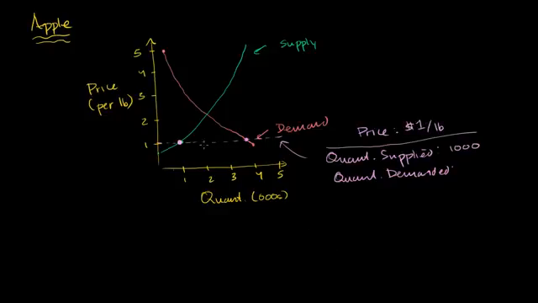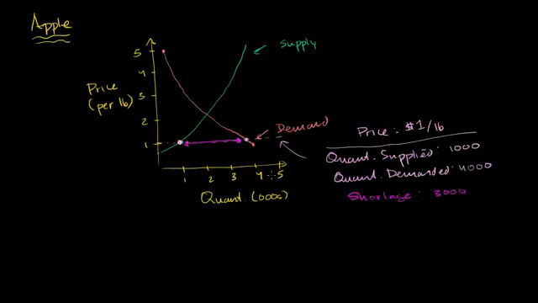Well, the quantity demanded at $1 per pound is 4,000 pounds of apples. So what do we have here? Well, here we have a shortage of 3,000 apples at that price point.